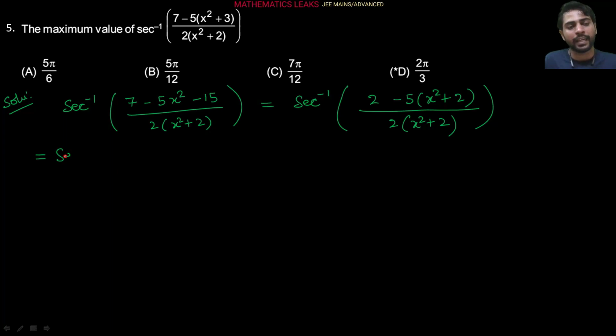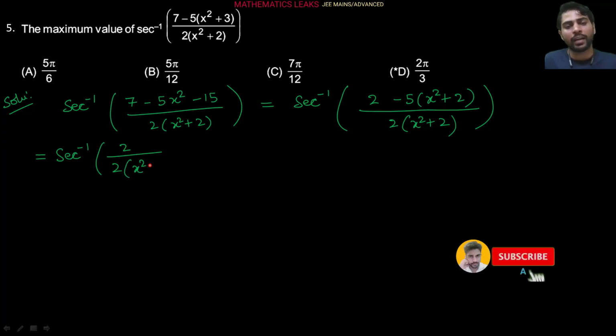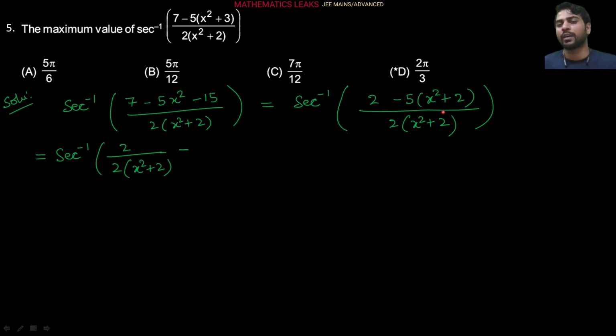Now this given quantity can be written as secant inverse of 2 upon 2 into (x square plus 2) minus of 5 by 2, on rationalization of the denominator. So you can see the x square plus 2 gets cancelled. We had basically made the common denominator from this part: 2 upon 2 into (x square plus 2) minus 5 into (x square plus 2) upon 2 into (x square plus 2).